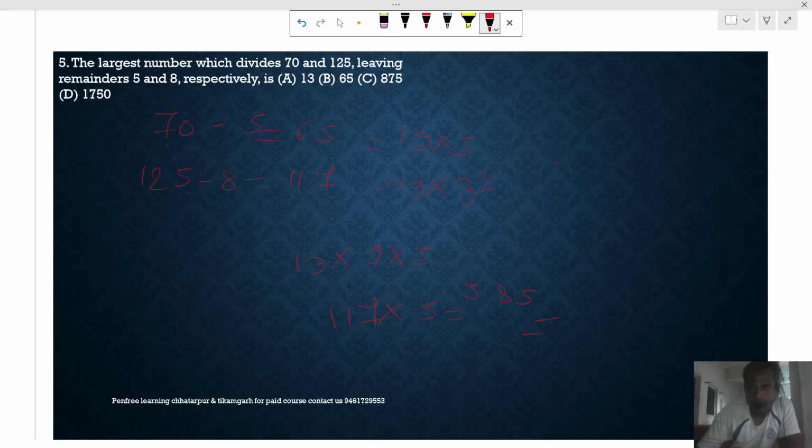So this will be 13 into 3 to the power 2 into 5. This will be 45 into 13.